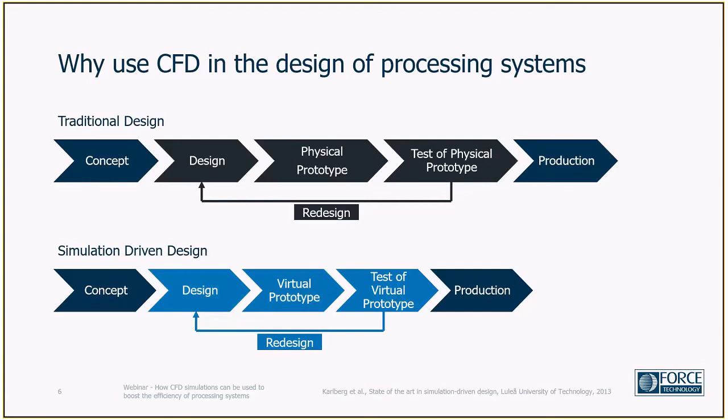However, in most of the cases, the design is not found acceptable the first time, and we need to redesign and go back to the design phase and start the loop again, and do a new physical prototype and test it. And this can take several times until we get acceptable results from this test, so we can proceed to the production part.